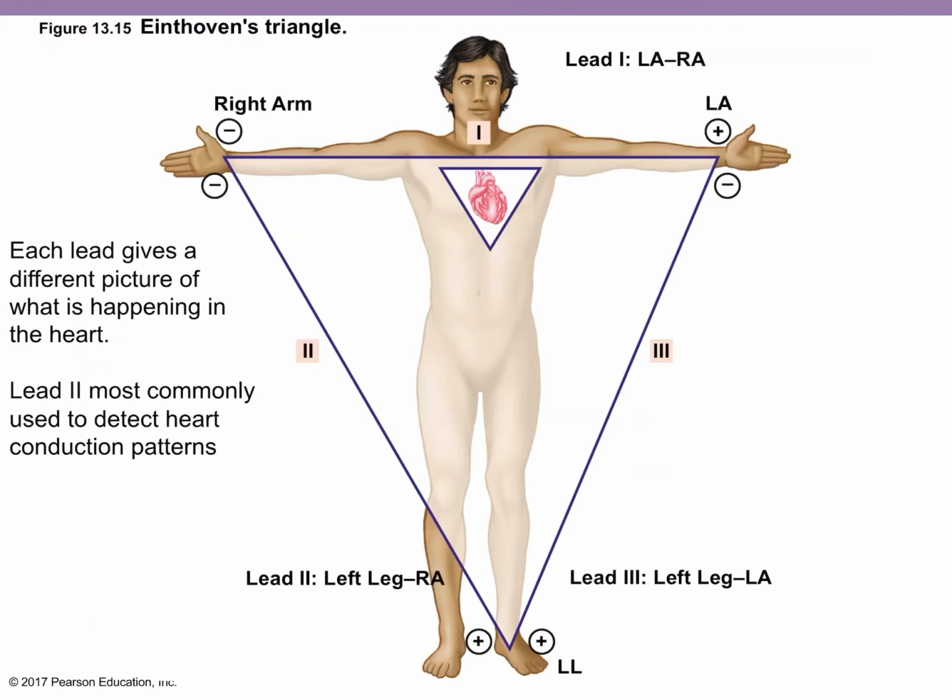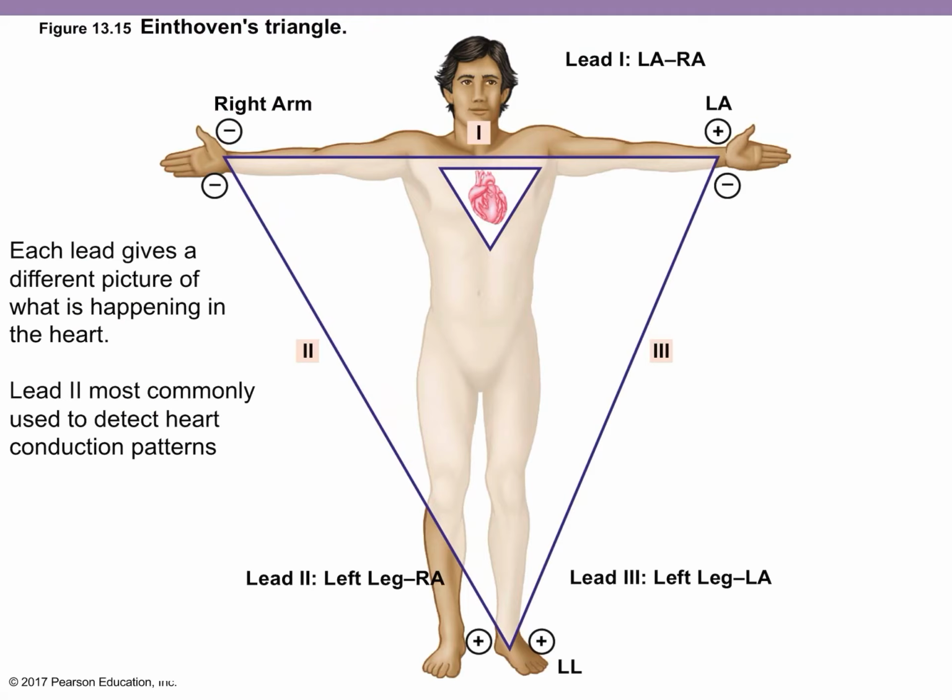And now moving on to the ECG. So the ECG is a way to measure the heart's electrical activity. So we're measuring the depolarization of the SA node, the AV node, and the Purkinje fibers.